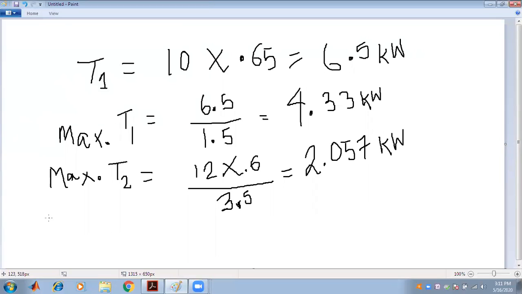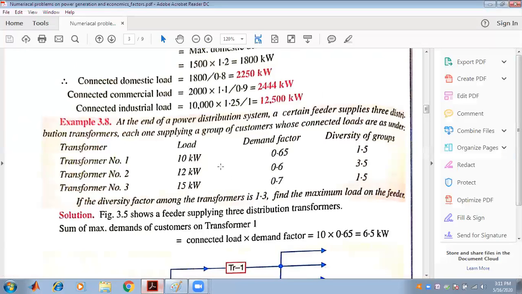Let us take the maximum demand of transformer 3. What is the maximum demand of transformer 3?